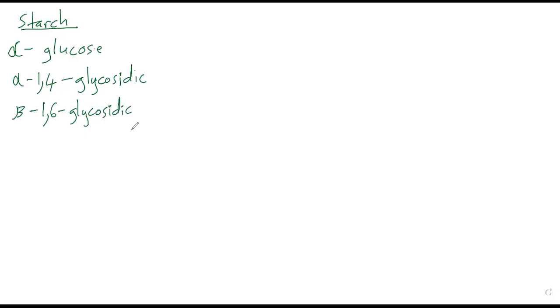So how do we get 1,4 and 1,6? Starch is the only one that is made up of two polymers. So, like cellulose, it is made up of glucose, which is a monosaccharide. Starch is actually made up of amylose, which on its own is a polymer, and amylopectin.